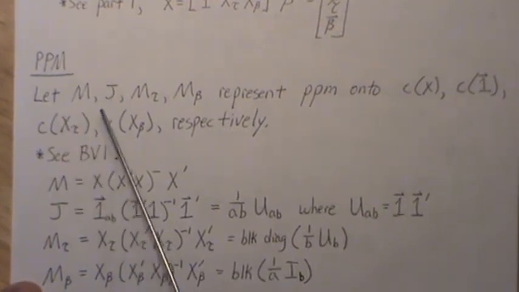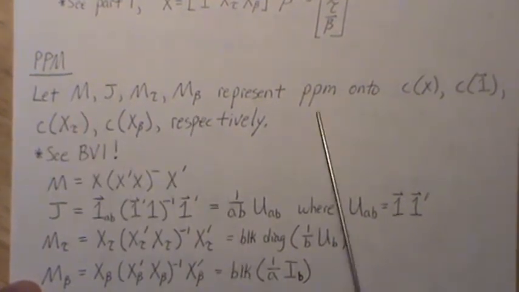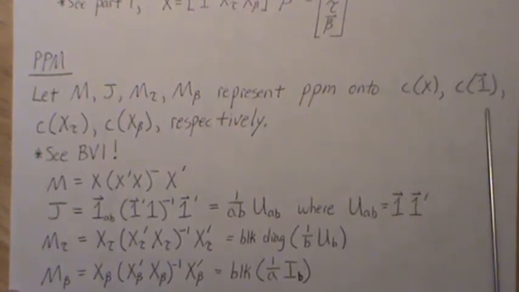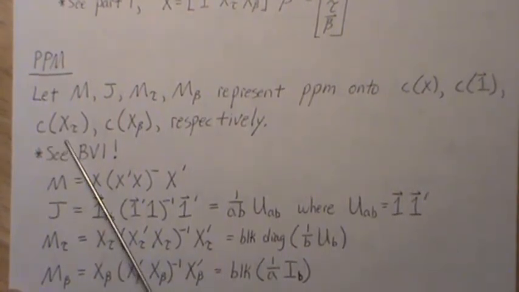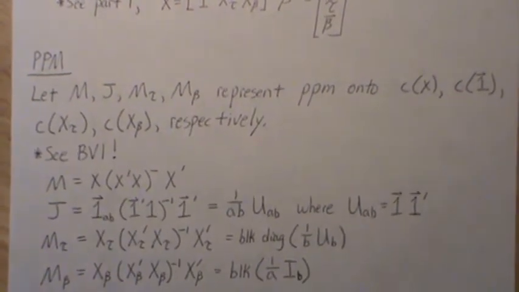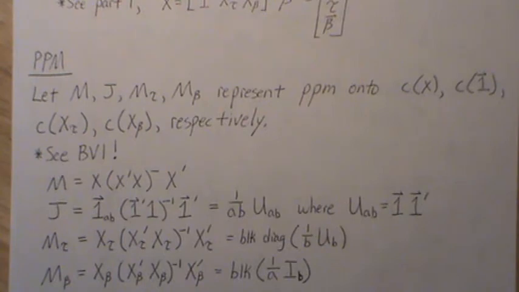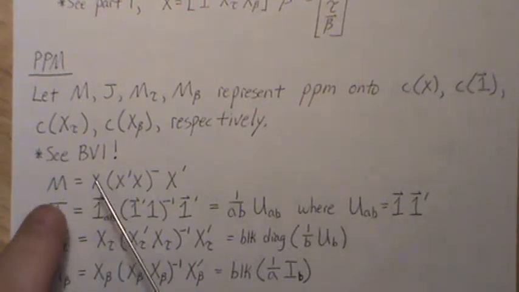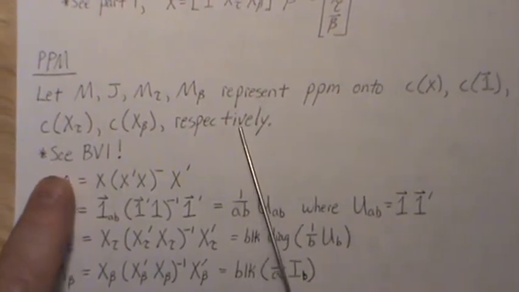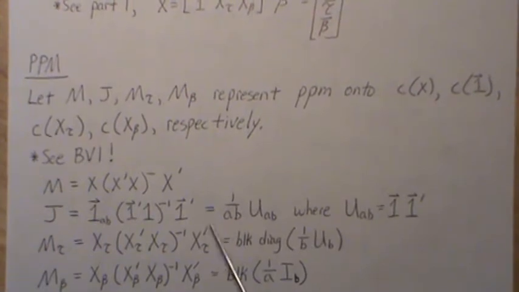Let's let M, M_J, M_tau, M_beta represent the perpendicular projection matrix onto the column space of X, column space of 1, column space of X tau, which is associated with the treatment, column space of X beta, which is associated with the blocks. And see background video 1 for much more detail, proofs, etc.